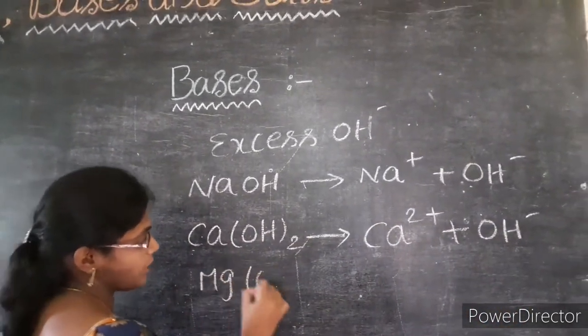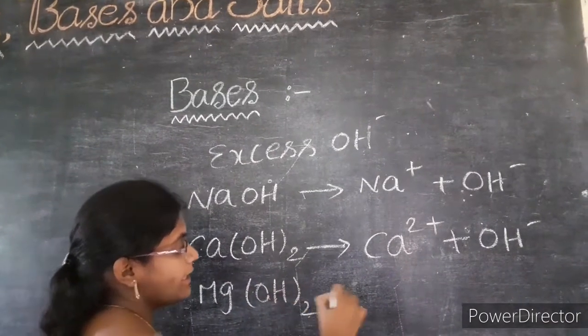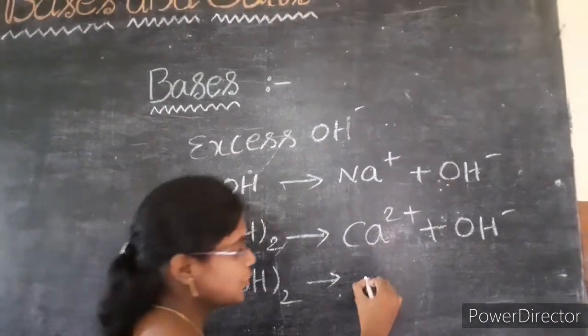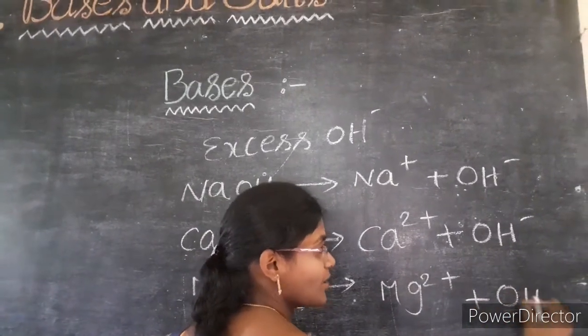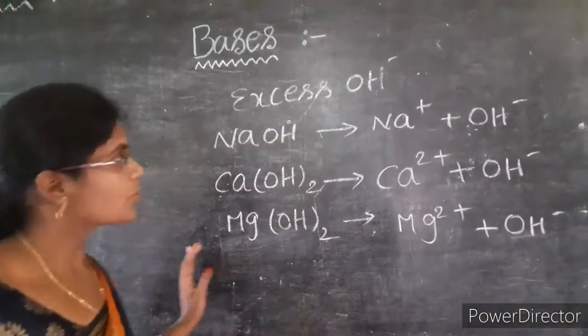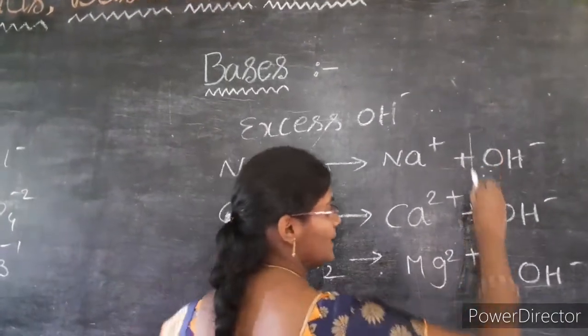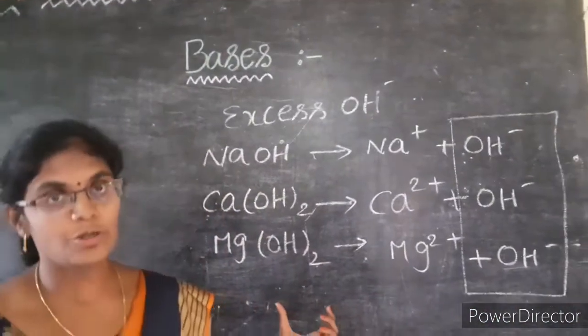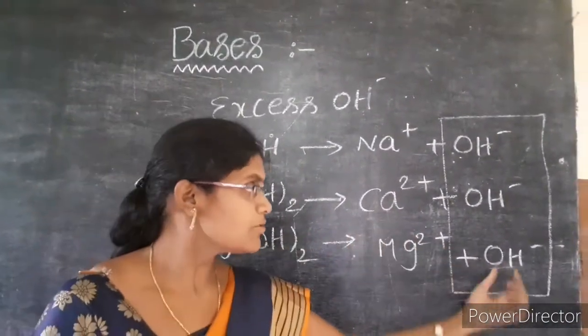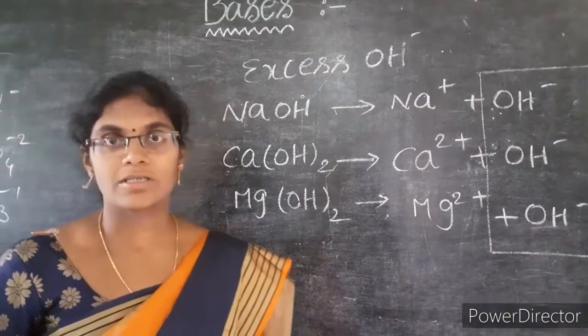Similarly, Mg(OH)2 also decomposes into Mg2 plus and OH minus. By this, what we are understanding is that bases in aqueous solution give OH minus ions.